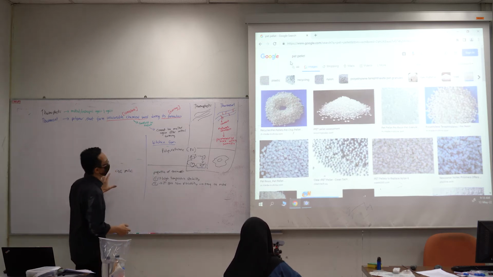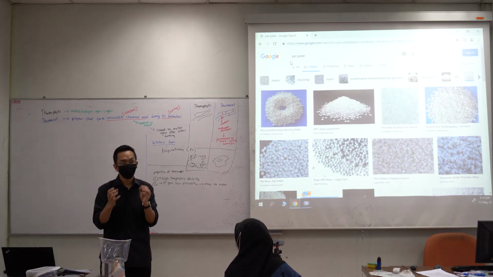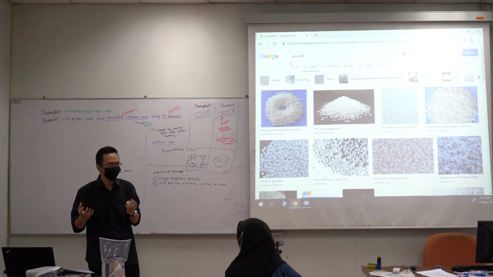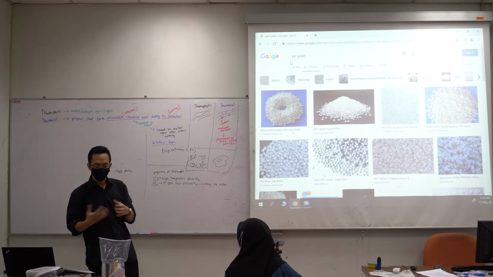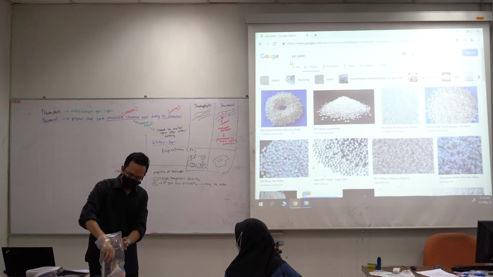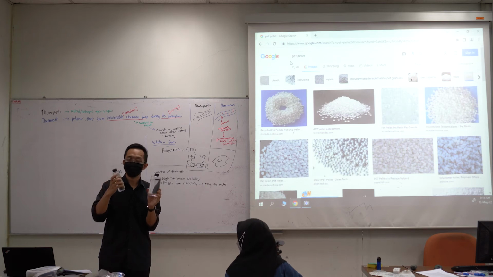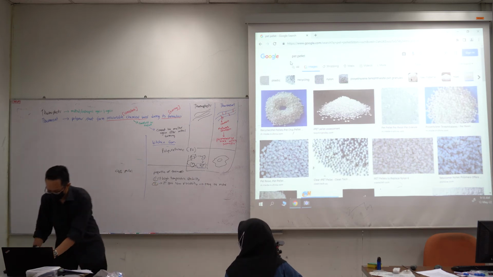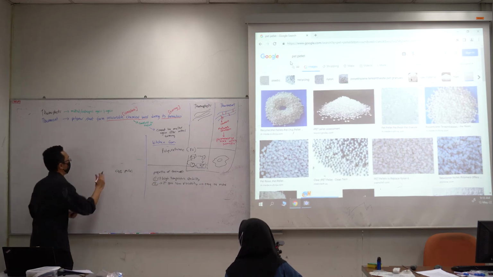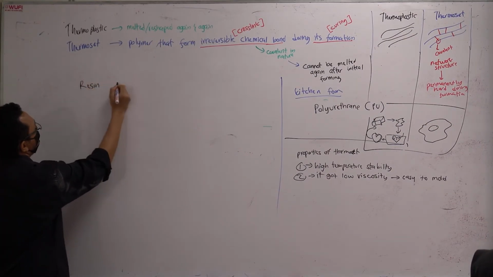But for the thermoset, normally they start off with the liquid. The starting material to make a thermoset is usually a liquid like this. So this one is the resin. This one is the hardener. Normally, if they make it from liquid, they have the resin, and then they have the hardener.